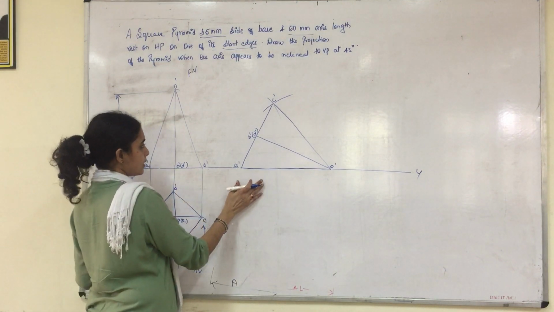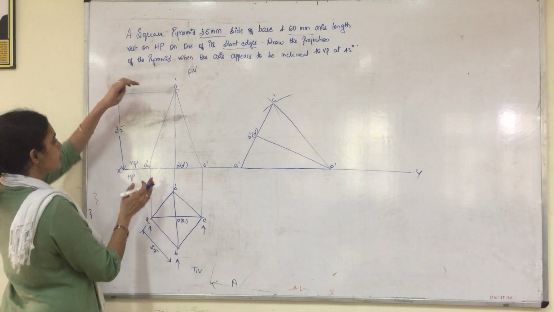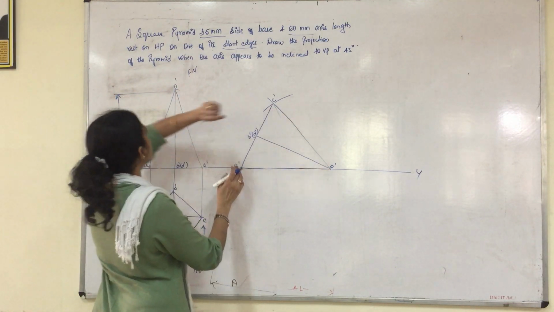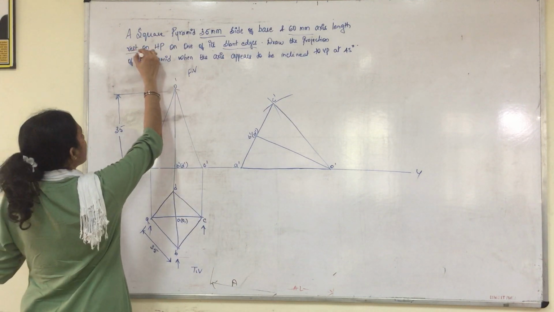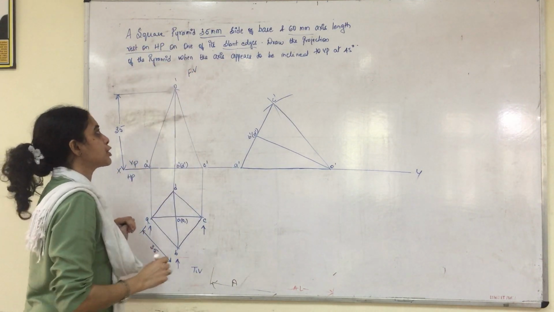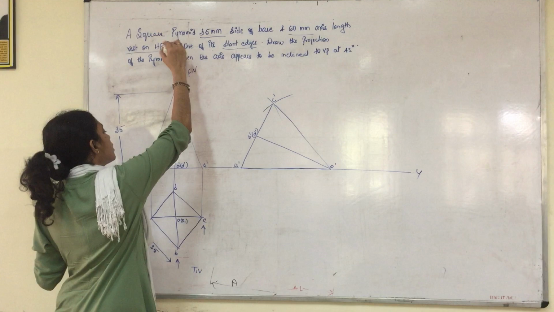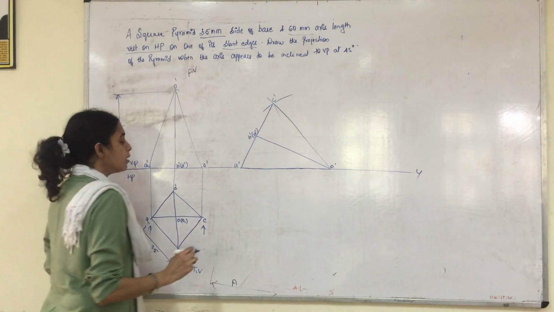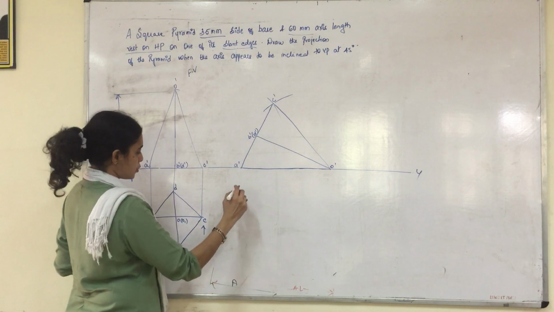After this you can see we have shifted one of the slant edges on the XY plane to satisfy that the slant edge is resting on HP. Once this is done, you have to take the projections down.